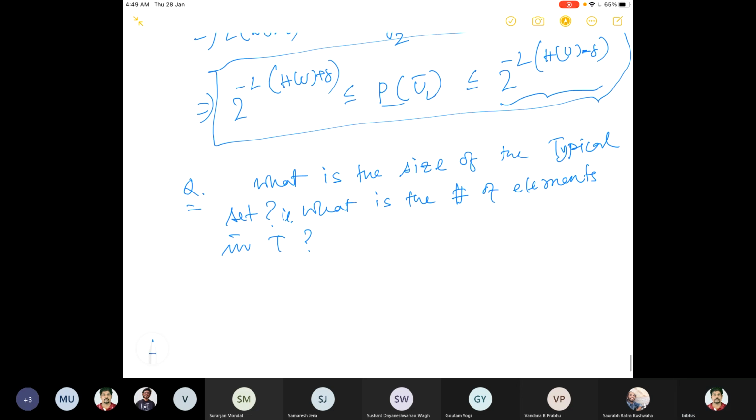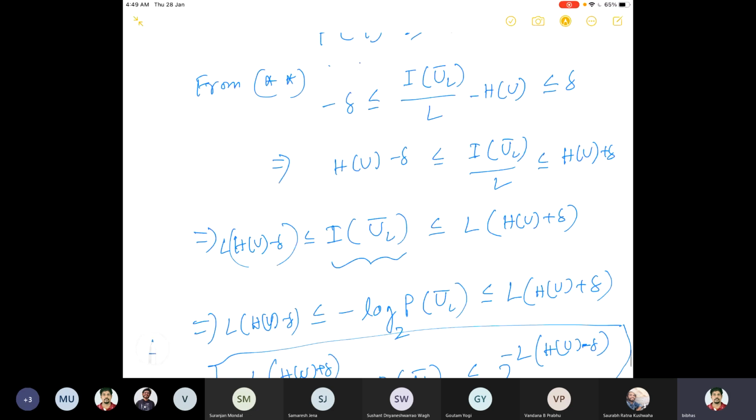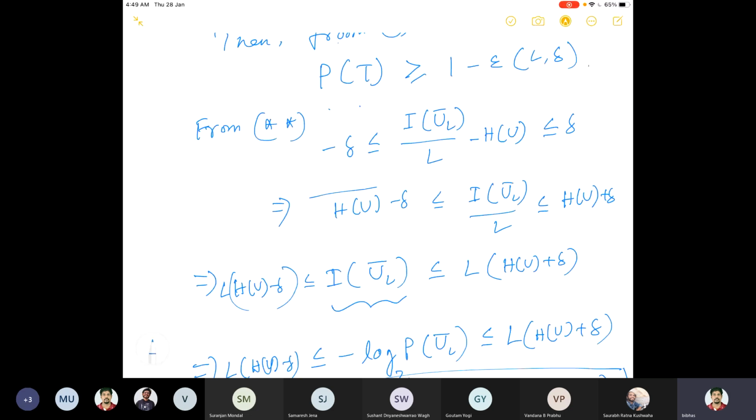First of all, observe the probability of this typical set T. Whenever we write entropy, it means entropy is finite. This is already assumed.